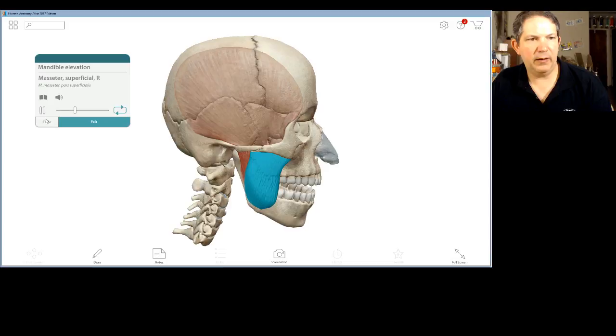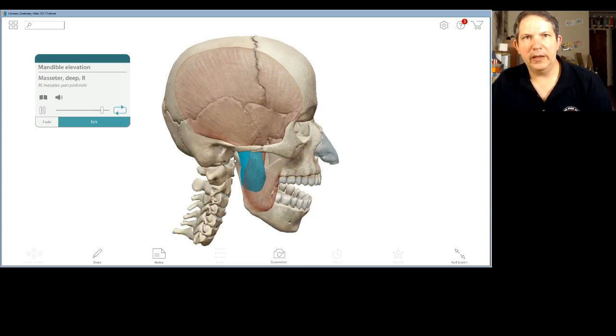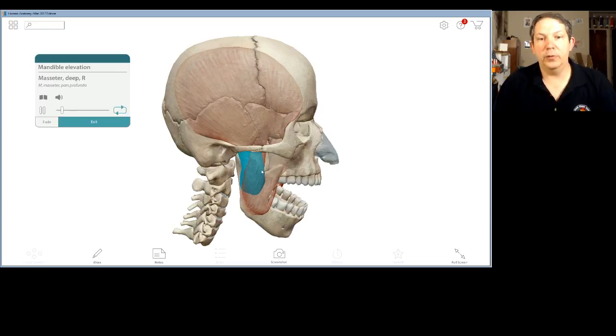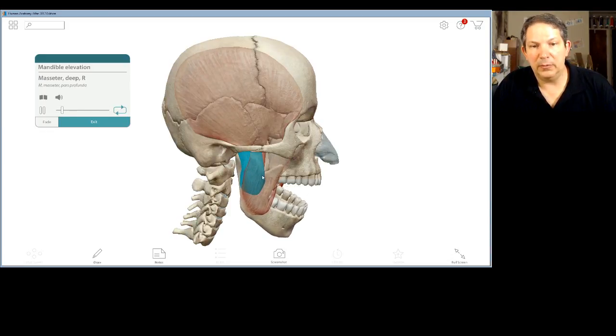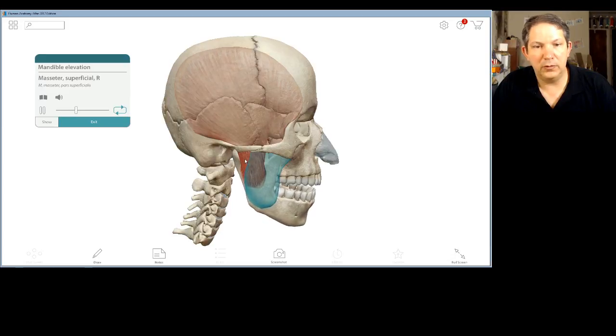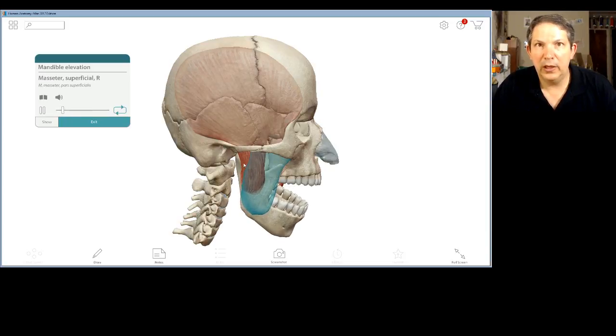We can fade that one, and they've divided the masseter into both a superficial and a deep, which is fine. Sometimes we just learn it as one muscle, the masseter muscle, and sometimes we break it into parts, which technically it is. There's a superficial portion and a deep portion of the masseter muscle.